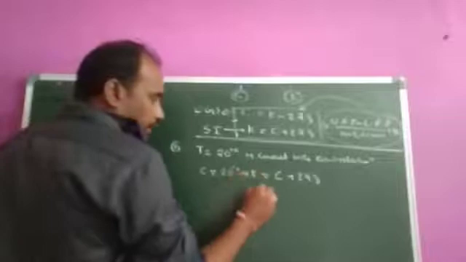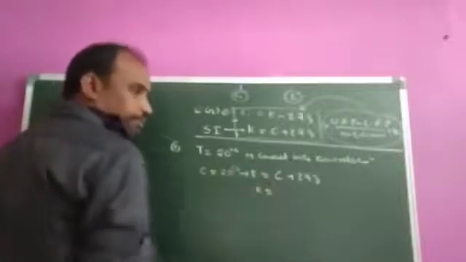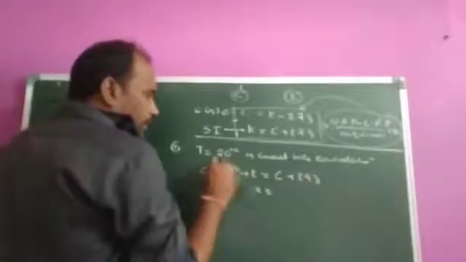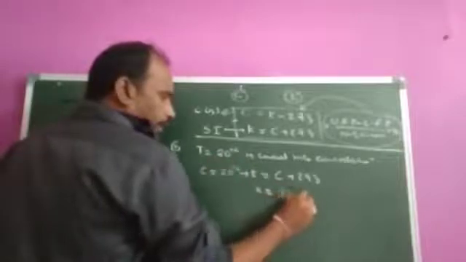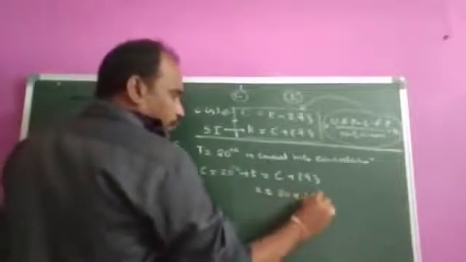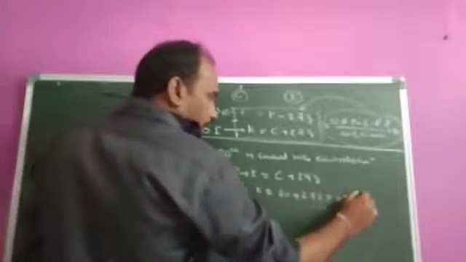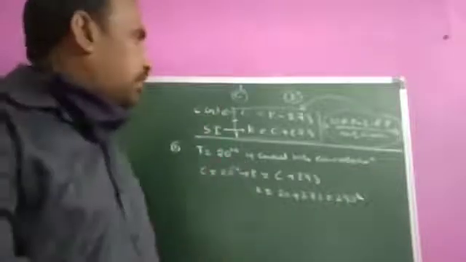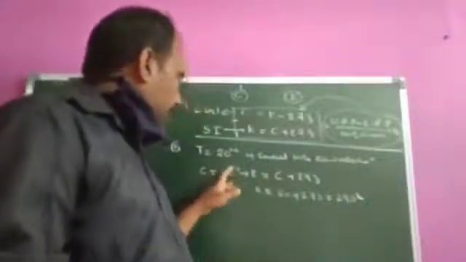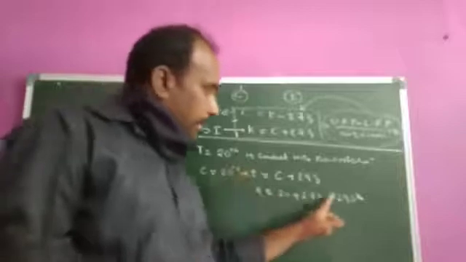Simple. K is equal to, what is the C value? 20 plus 273, that is equal to 293 Kelvin.